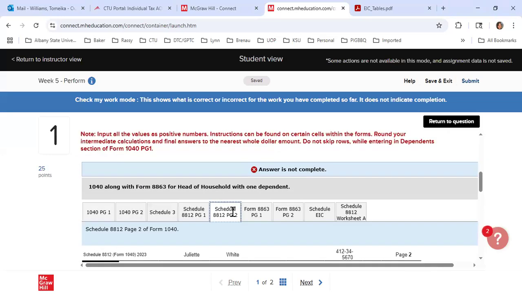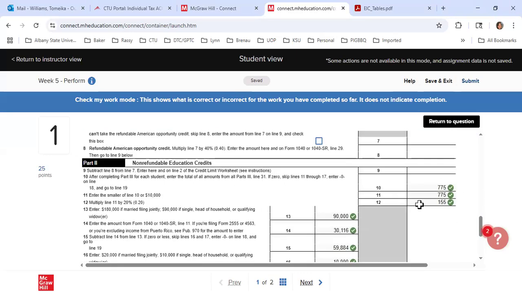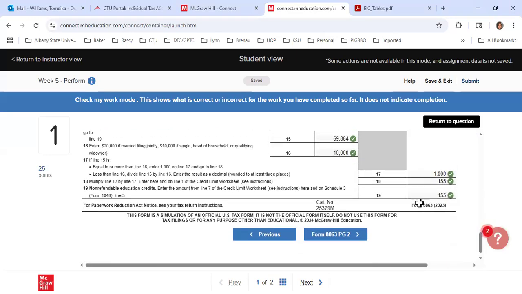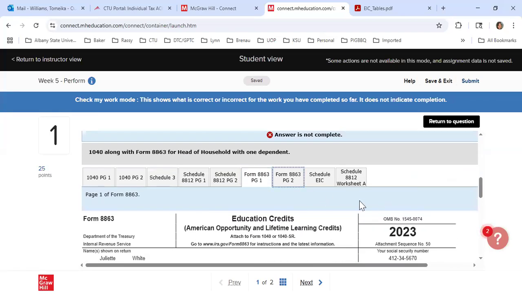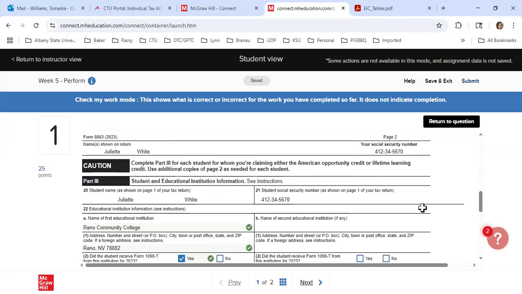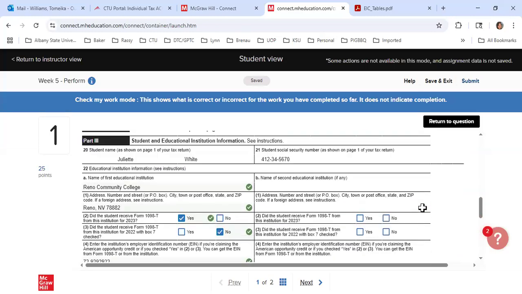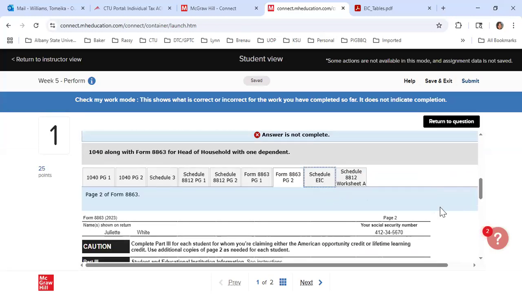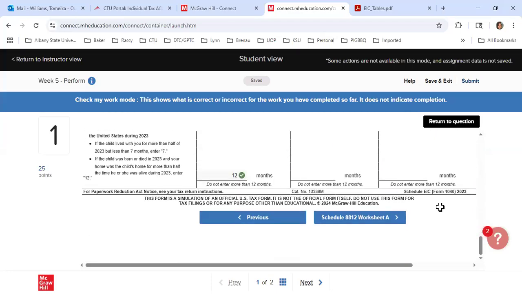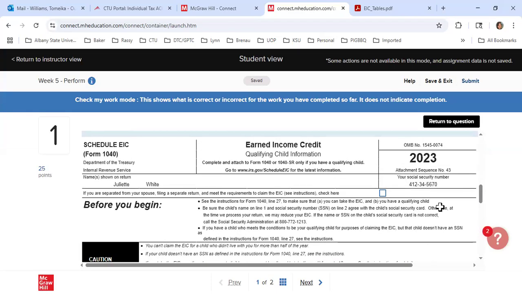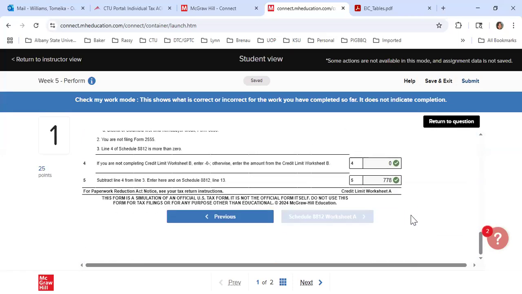Everything is okay there. Form 8863. Looks like everything is in line there. 8863, page 2. Even everything there is in line. EIC. Yep, everything there is okay as well. Worksheet A.